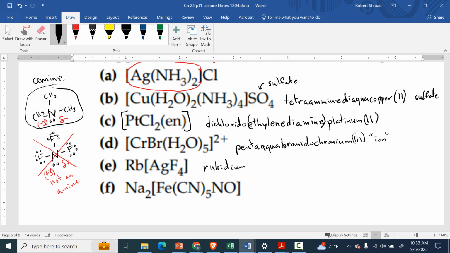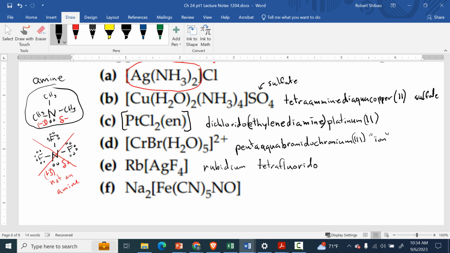So this is going to be called tetrafluorido. Fluoride, FLO or FLU? FLU. ORID. Fluoride or fluorido? Fluorido.